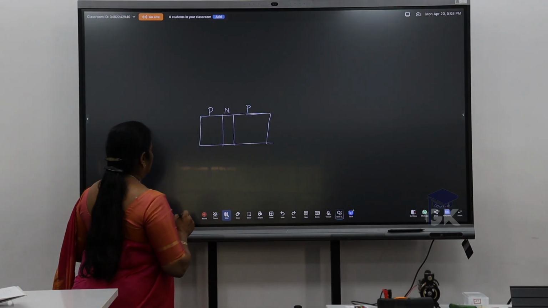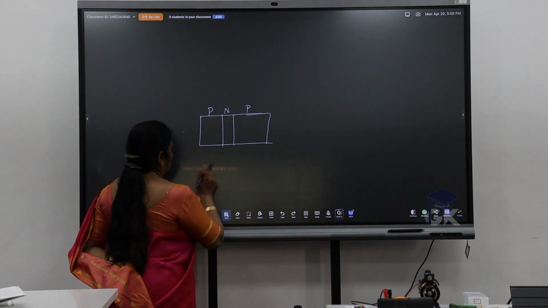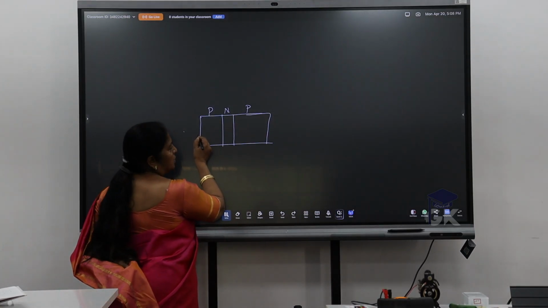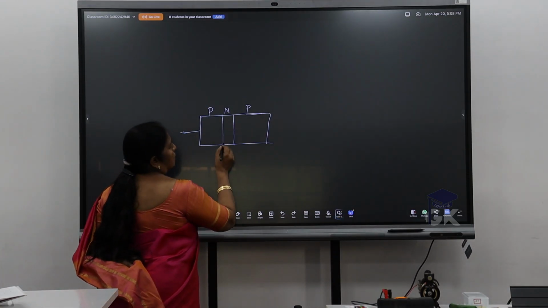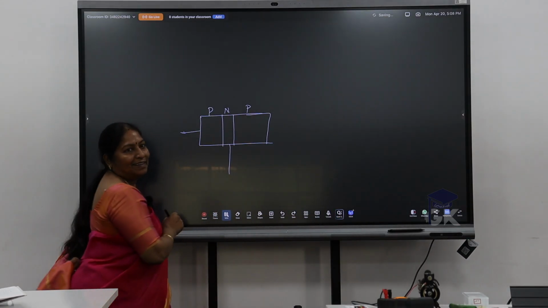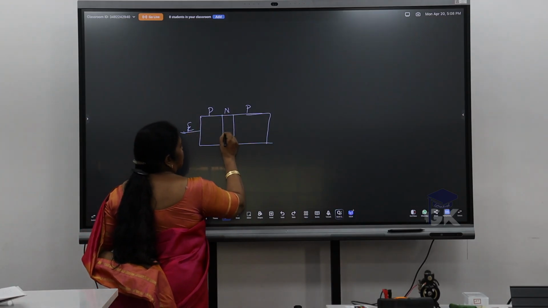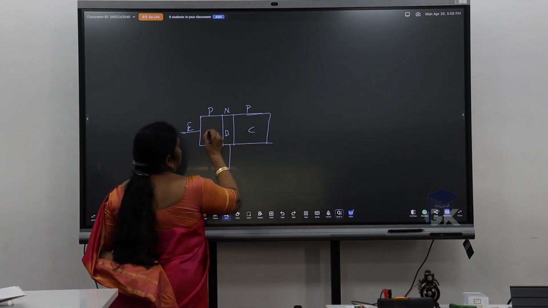Emitter, base, collector. This is the emitter.